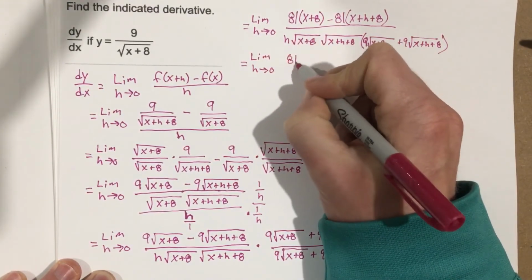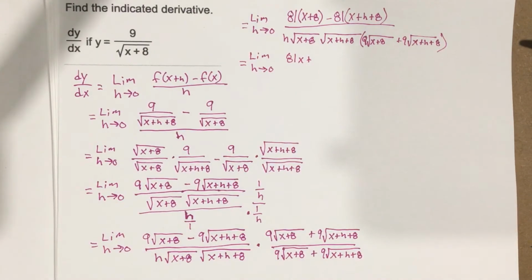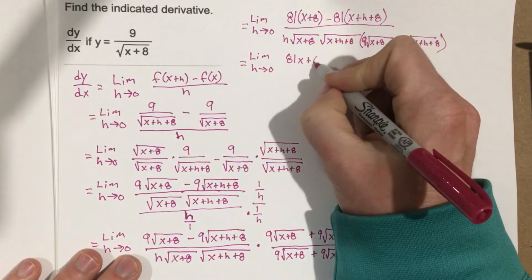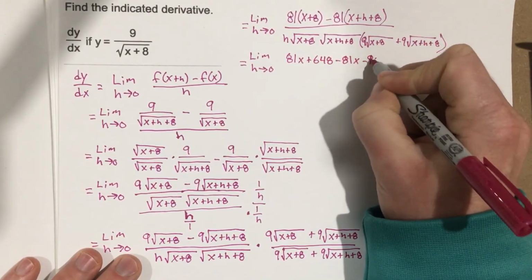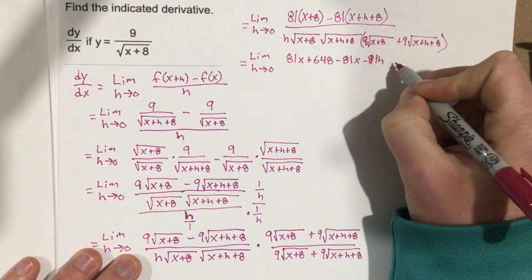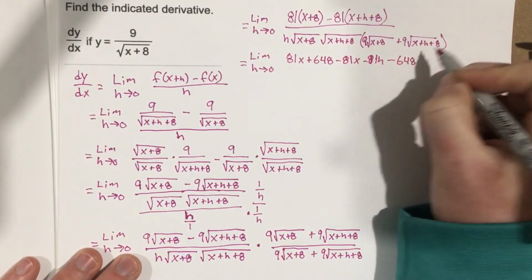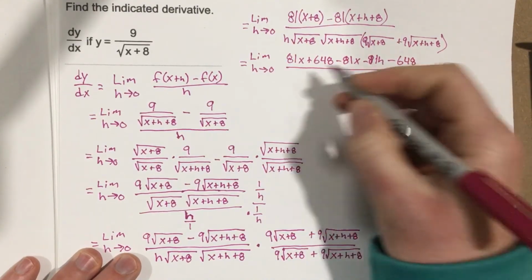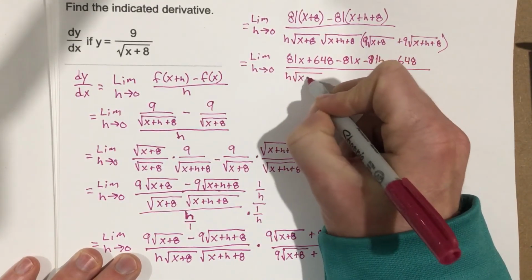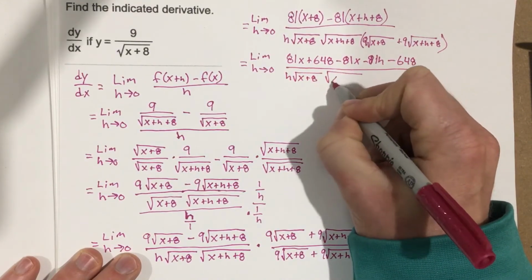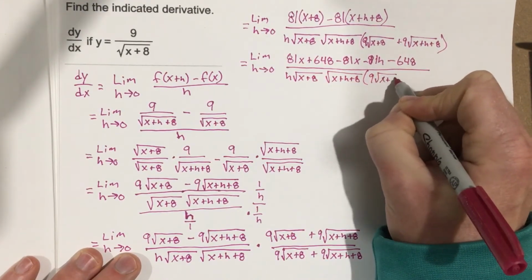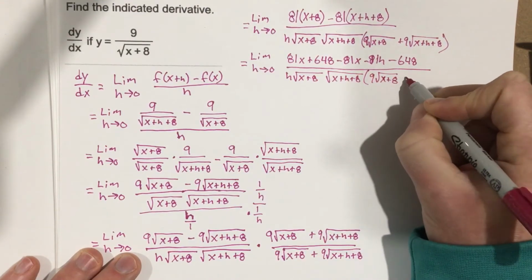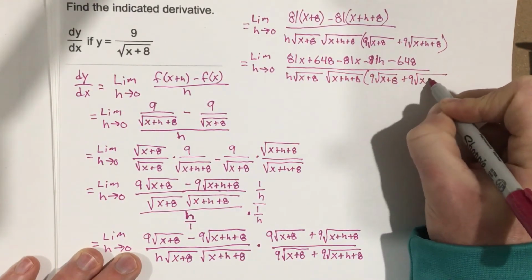Distribute there, we get 81x plus 81 times 8, 648, minus 81x minus 81h minus 648, all over h root x plus 8, root x plus h plus 8, 9 root x plus 8 plus 9 root x plus h plus 8.